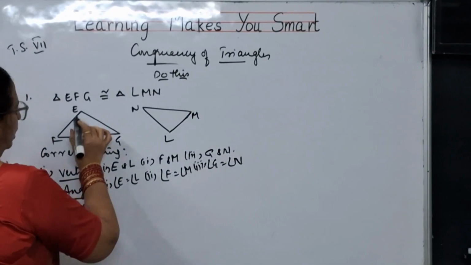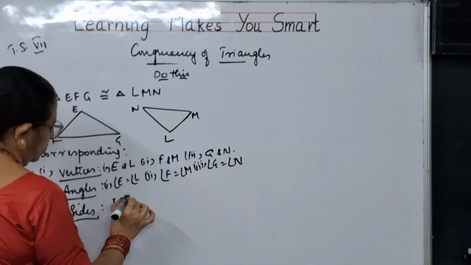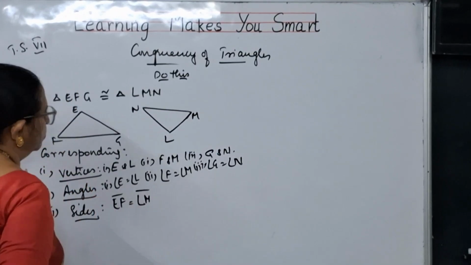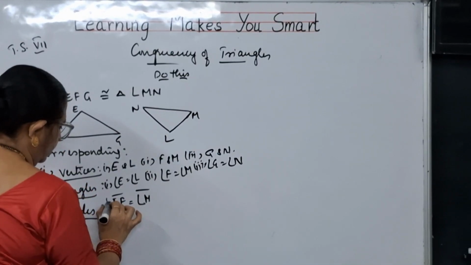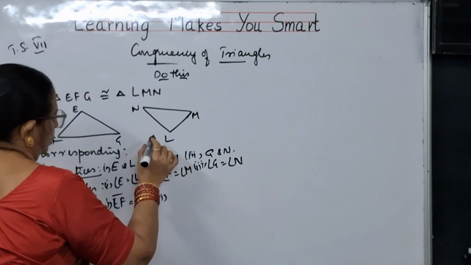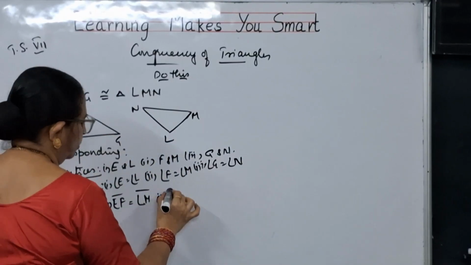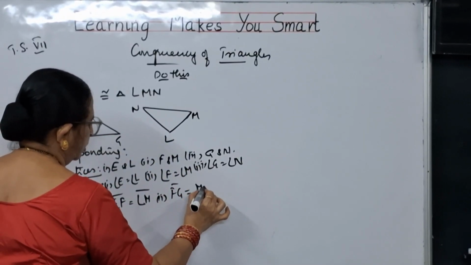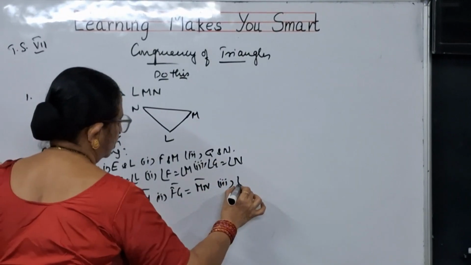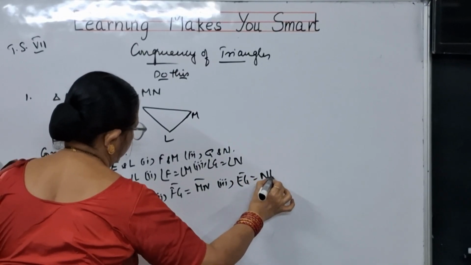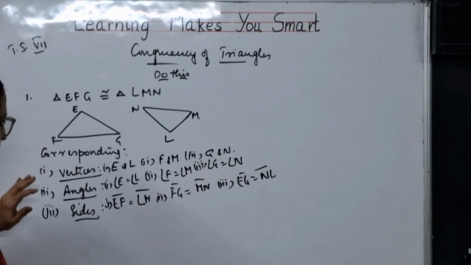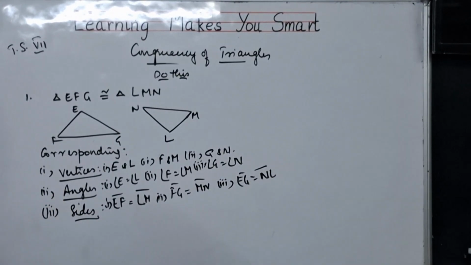Side EF is equal to LM, FG is equal to MN, and third one EG is equal to NL. So these are the corresponding vertices, corresponding angles, and corresponding sides of this figure.